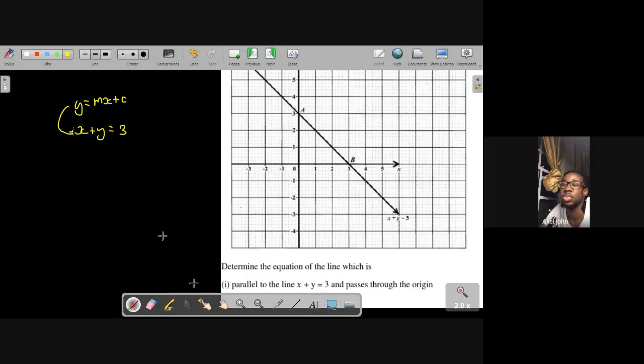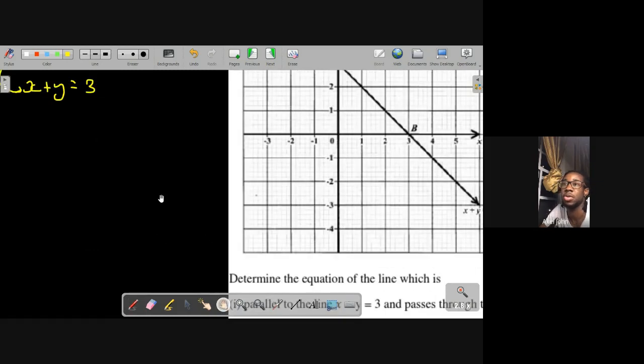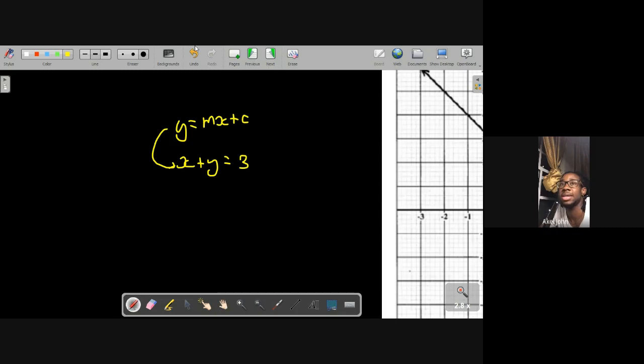So we would have to simply transpose to make y the subject of the formula. We need to subtract x, or I could take the x and just send it down. So that would be y is equal to negative x plus positive 3.